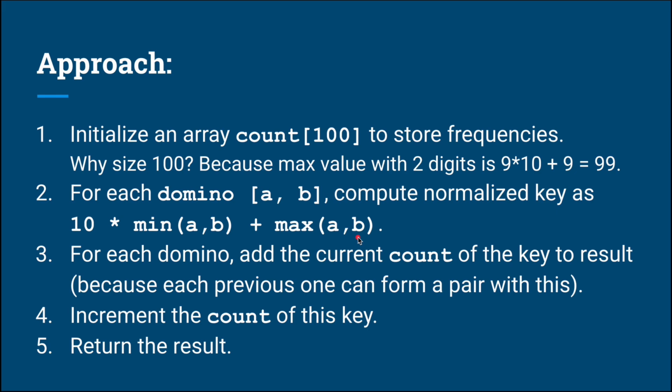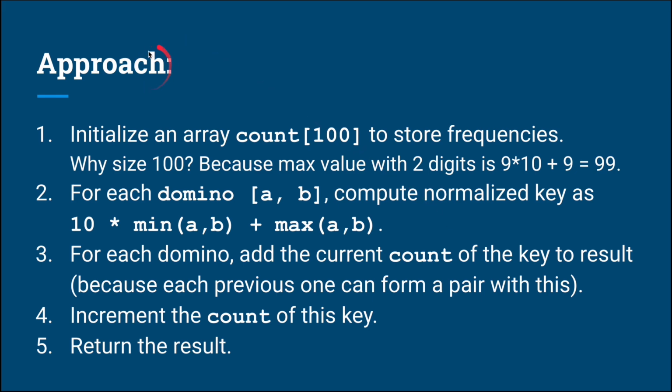You just put A as 1, B as 2 and apply it, and you will get 12. So 12 will become the normalized key for these inputs.